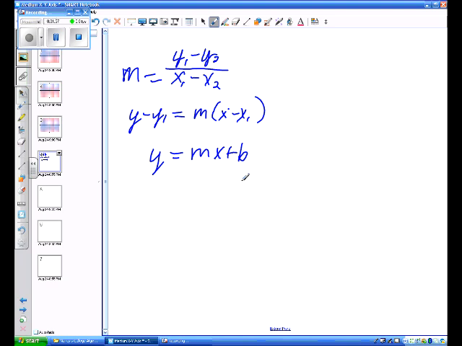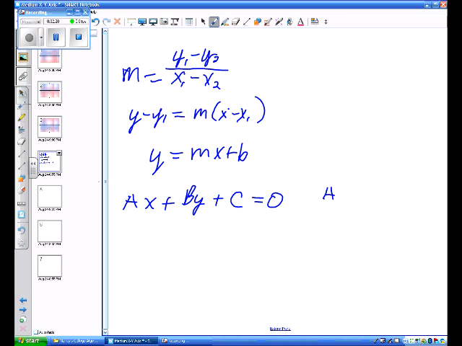There is another form that we sometimes write our equations in, and that's what we call the general form. And that's ax plus by plus c equals 0. Now, depending upon which book you're using, some books will use this as the general form.